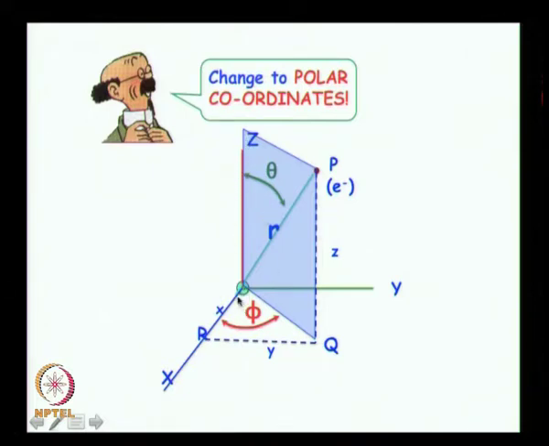O is the origin and OZ is the positive direction of the z axis. So there is a plane formed by PQOZ, and to specify the orientation of that plane you make use of this angle phi.